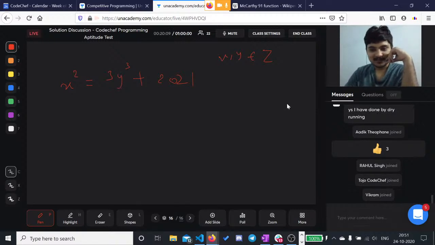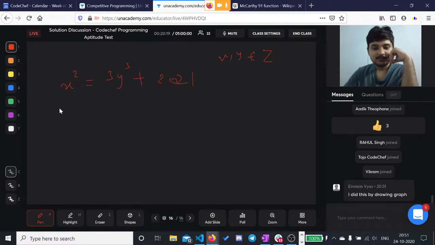In general, solving questions like these for integers is a bit hard, but the three is suggestive here. So if you just consider left hand side and right hand side modulo 3, or what will be the remainder when left hand side and right hand side is divided by 3.